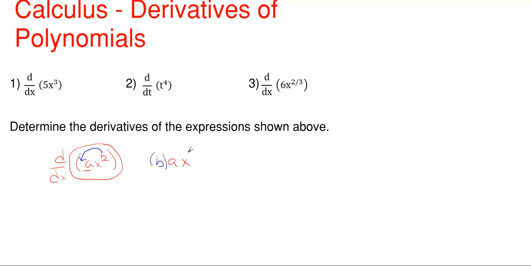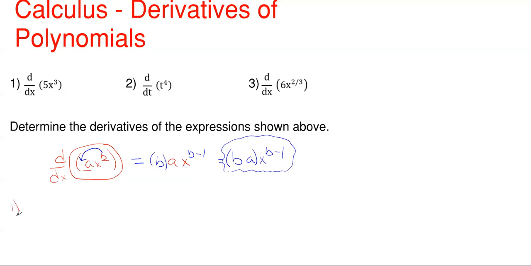And then your power, since you're dropping the b, is going to be b minus 1. You have to reduce the power. And then you just end up with b times a, which is a number, times your variable x to the b minus 1. That would be your overall process of what you would do to find derivatives of this form. So let's give it a try here.